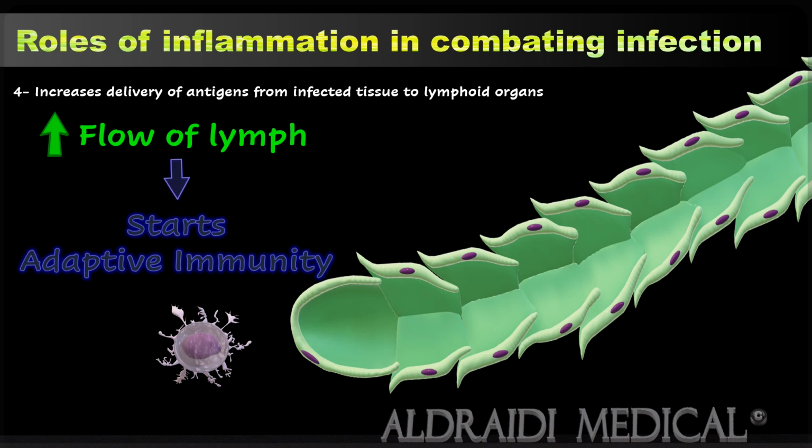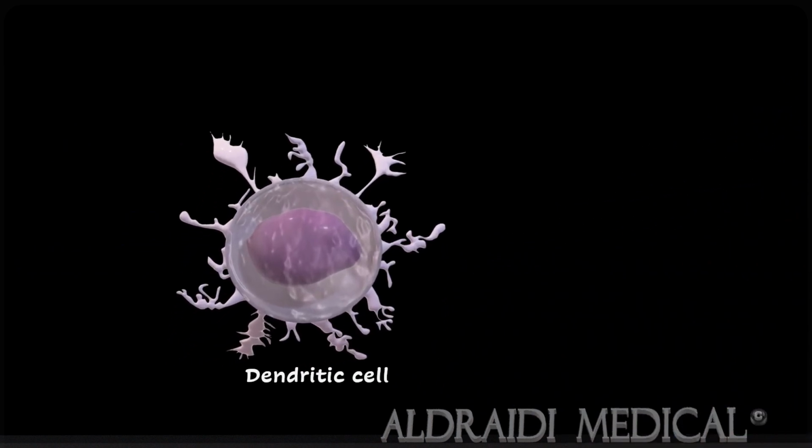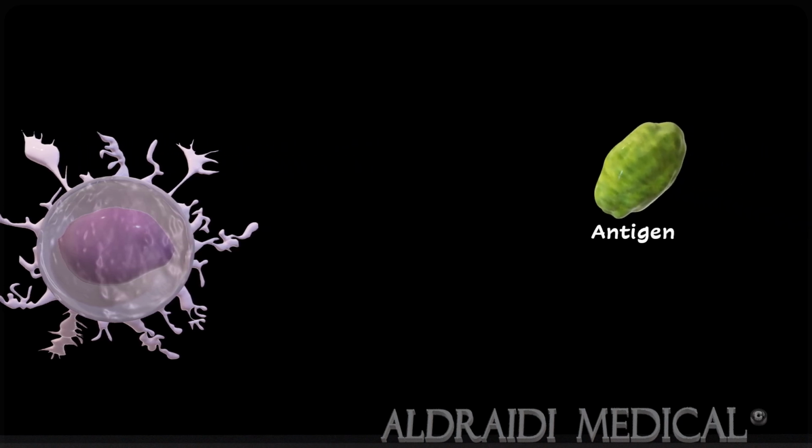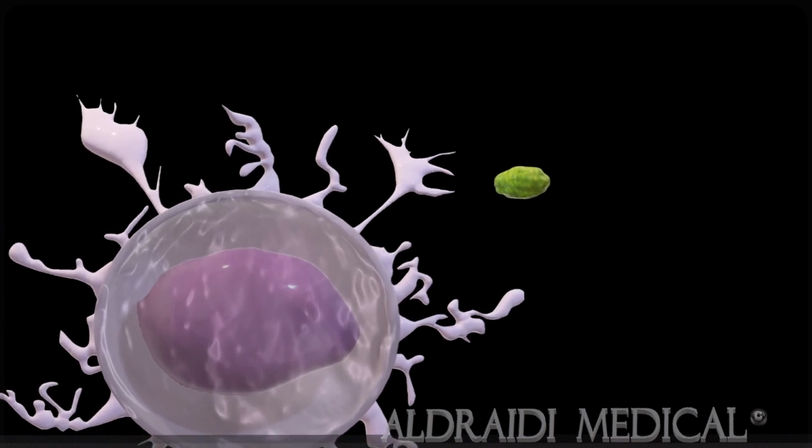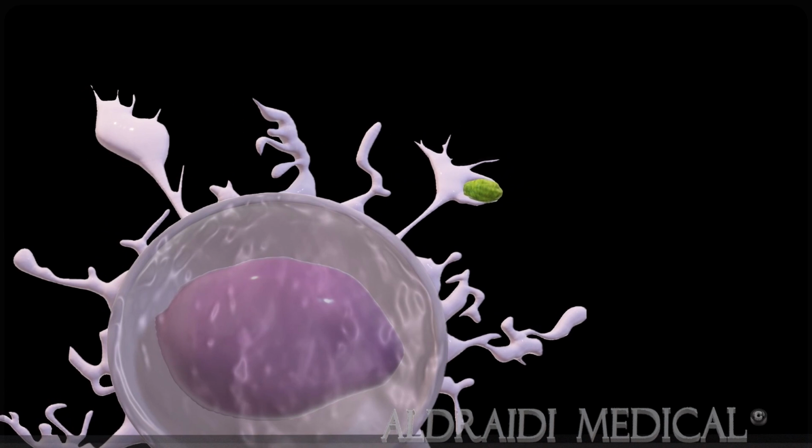There are many cells that can carry and present antigens, but our main antigen-presenting cell is the dendritic cell. Dendritic cells, unlike macrophages and neutrophils, are not much involved in the direct killing of pathogens. Instead, they are specialized in antigen capturing, processing, and presentation. And what these dendritic cells do is that they grab antigens of the invading pathogen.